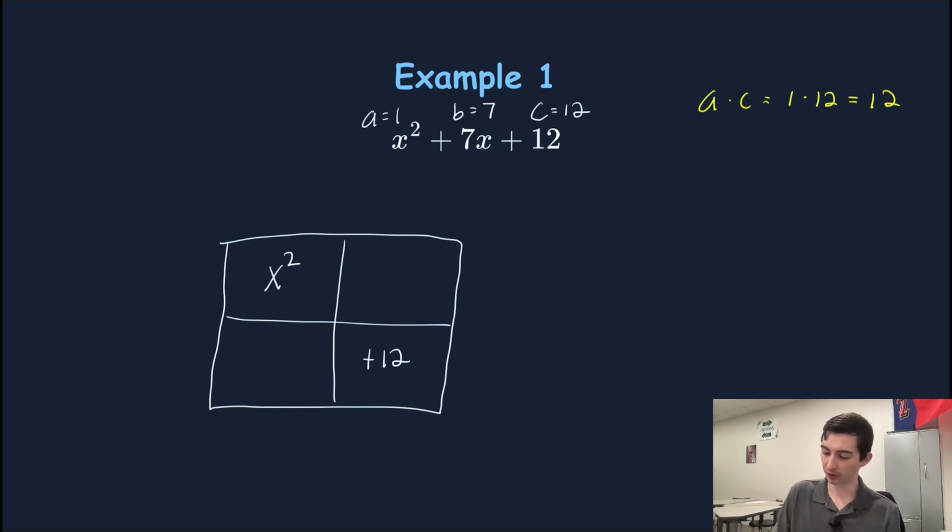What else multiplies to 12? Well, we can separate this into 3 times 4. 3 times 4 is going to multiply to 12. And 3 plus 4 adds to 7, which is my b. So my two key numbers are 3x and 4x.